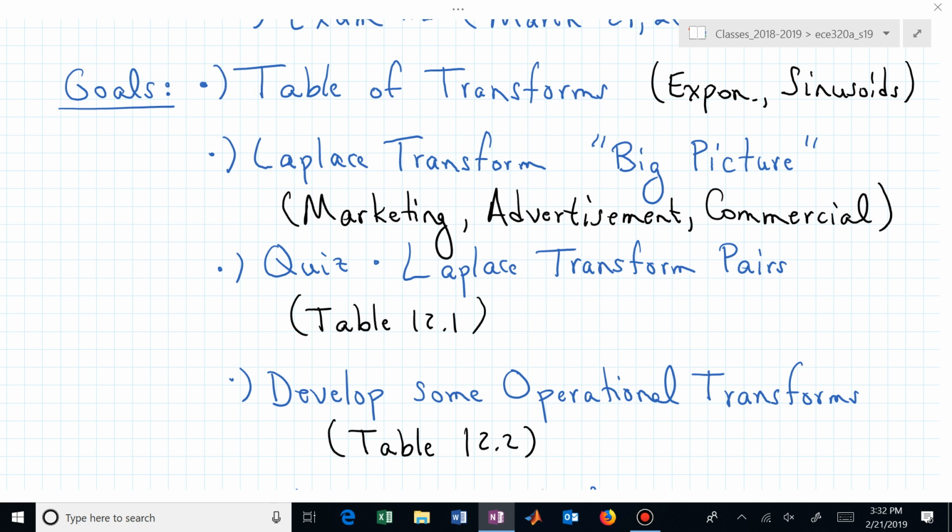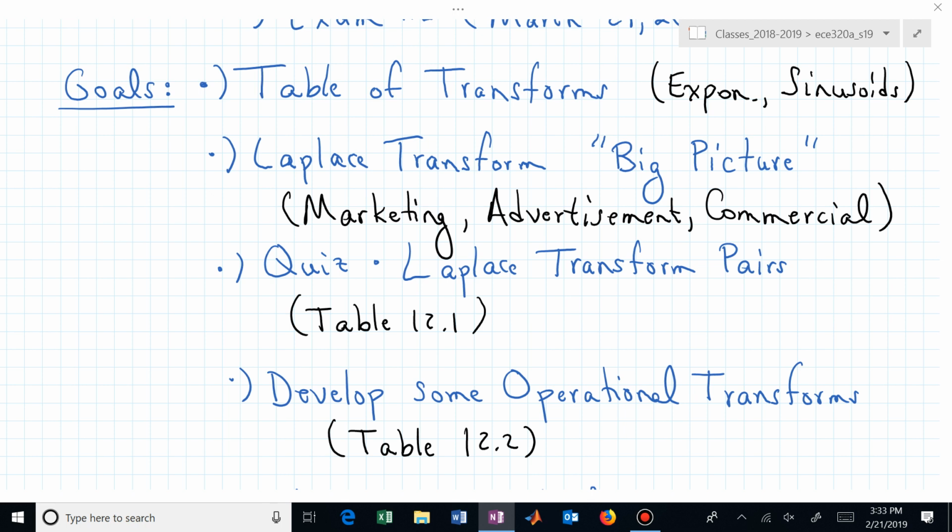I'll then try to give you a big picture overview of Laplace transforms. What does it position us to do in terms of analysis, understanding, or use? That's the marketing, the advertisement, the commercial.